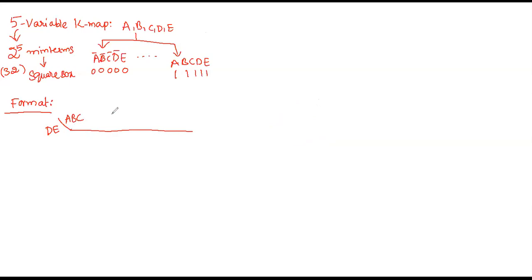So this is three variables, so write down the 3-bit gray code. Here two variables are there, so write down the 2-bit gray code.